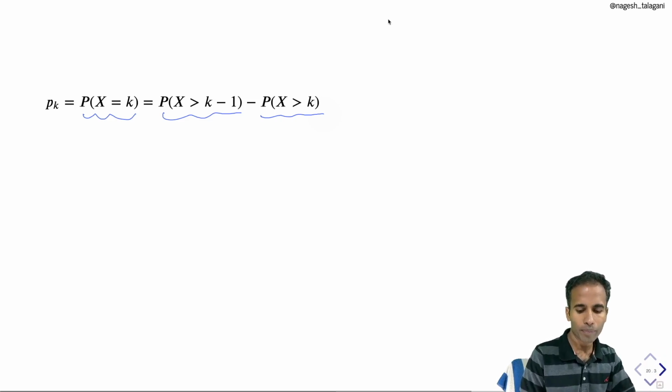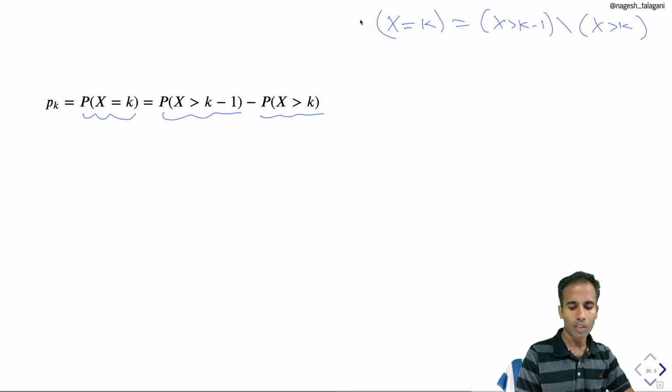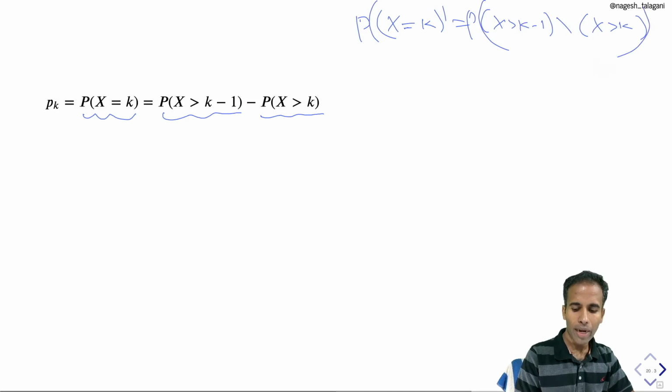So that's why this event x equal to k we can express like this: x bigger than k minus 1 minus x bigger than k. Okay, and this is actually a superset of this one. So that's why we can write the probability of x bigger than k minus 1 minus the probability of x bigger than k.